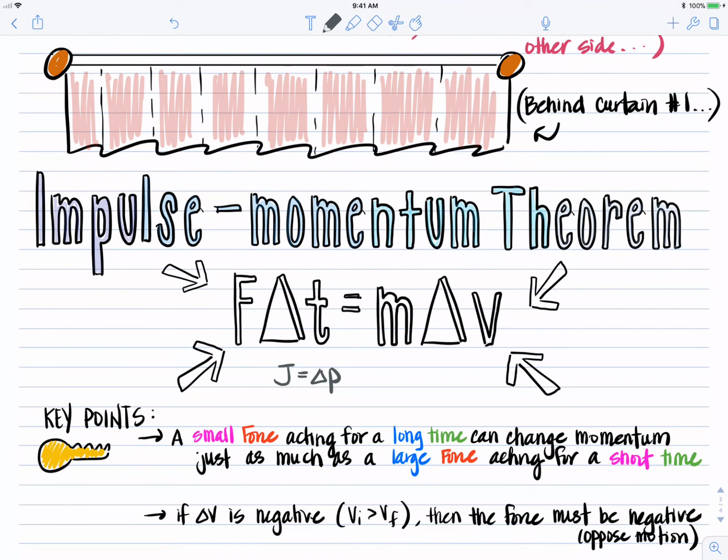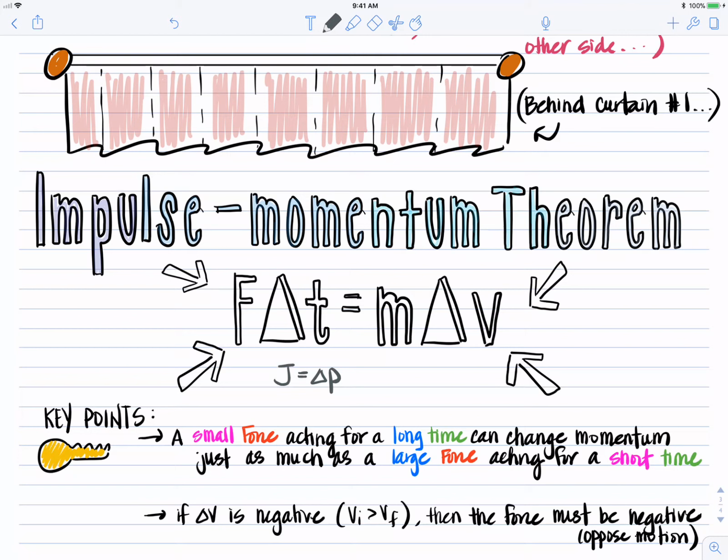Our next key point is that if delta V is negative, meaning VI is greater than VF, then force must be negative. And this you saw put into place during the first lab that we did of this chapter, which is the collision cart. Remember that all of the inputs in an equation need to be referencing the same object and the same frame of reference.